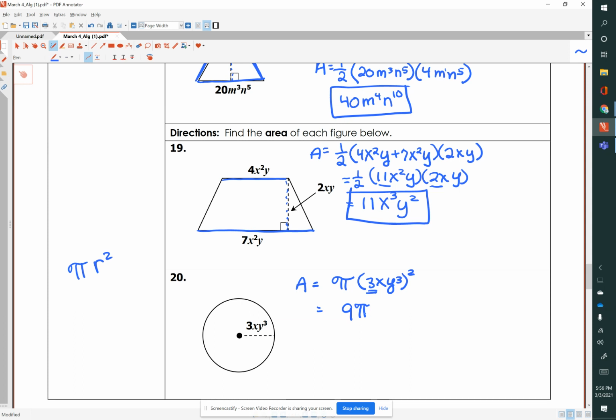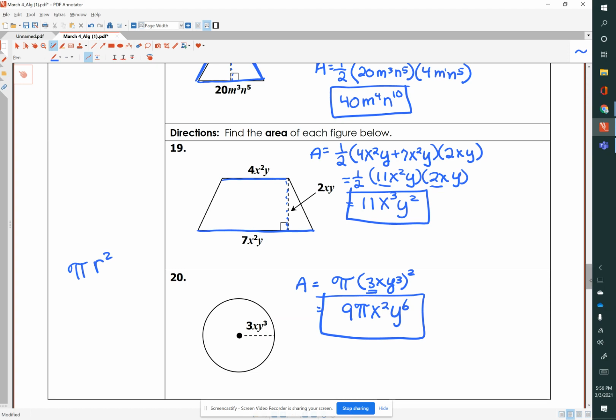The order doesn't matter, and the grouping doesn't matter. So it's commutative and associative. So x to the 1 times 2 is x to the second power. y, 3 times 2 is y to the 6th power. So the area of this circle is 9 pi x squared y to the 6th.